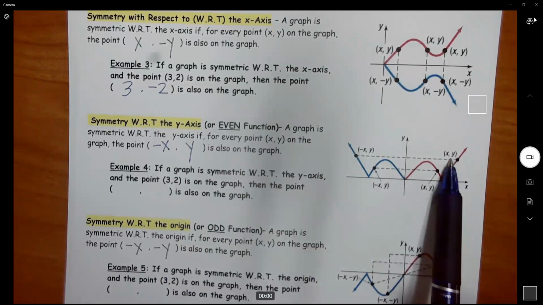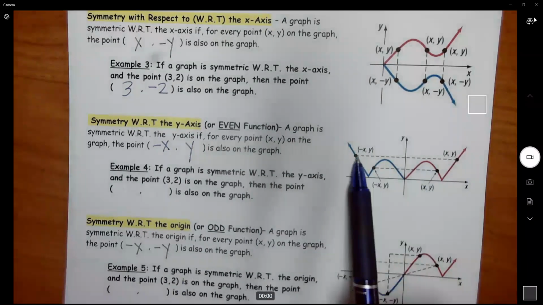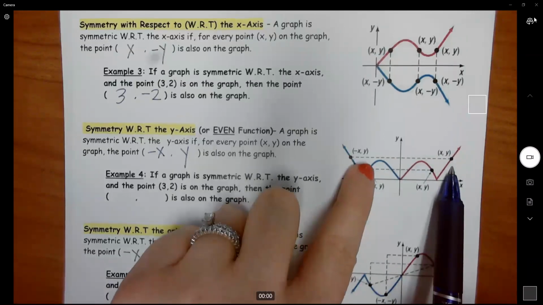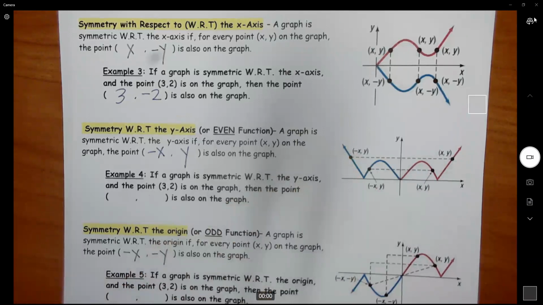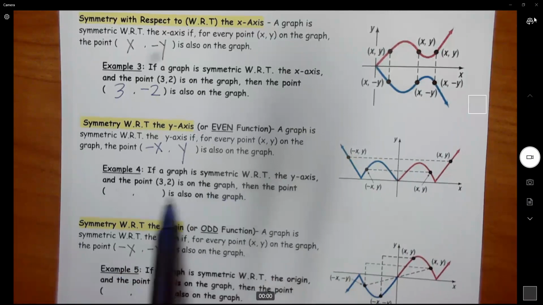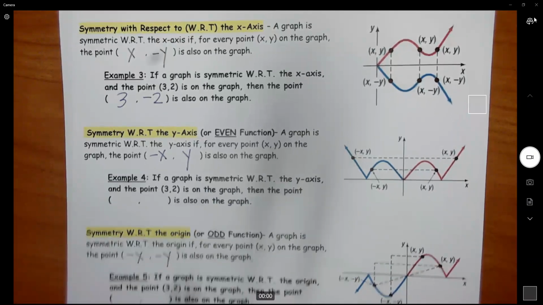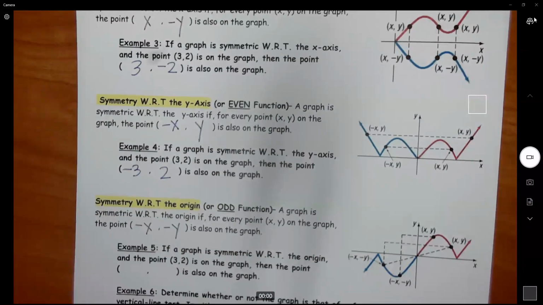You've got (x, y) over here. Well, when it reflects, the y coordinate doesn't change, but now the x does. So if a graph is symmetric with respect to the y-axis and the point (3, 2) is on the graph, then the point (negative 3, 2) is also on the graph.